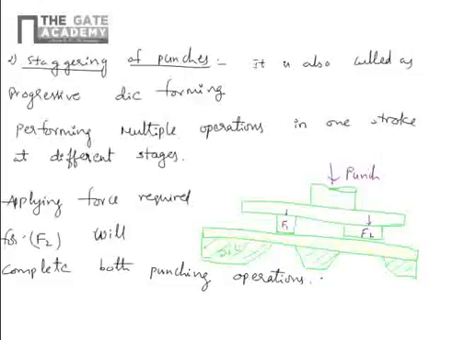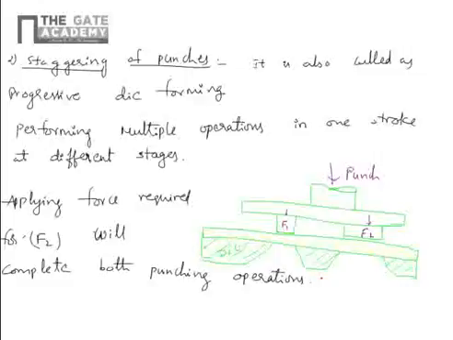So instead of applying F1 and F2 separately, apply the force required for the higher punching operation, the larger size. Because it is staggering, the lengths of the punches differ. Once one punch starts cutting, the other will already have ended, or by the time the first punch completes the operation, only then will the second punch start.